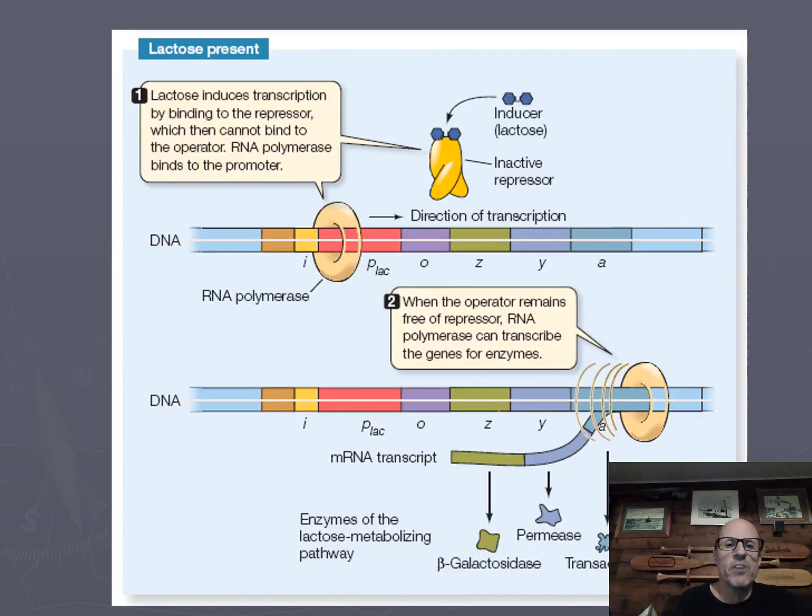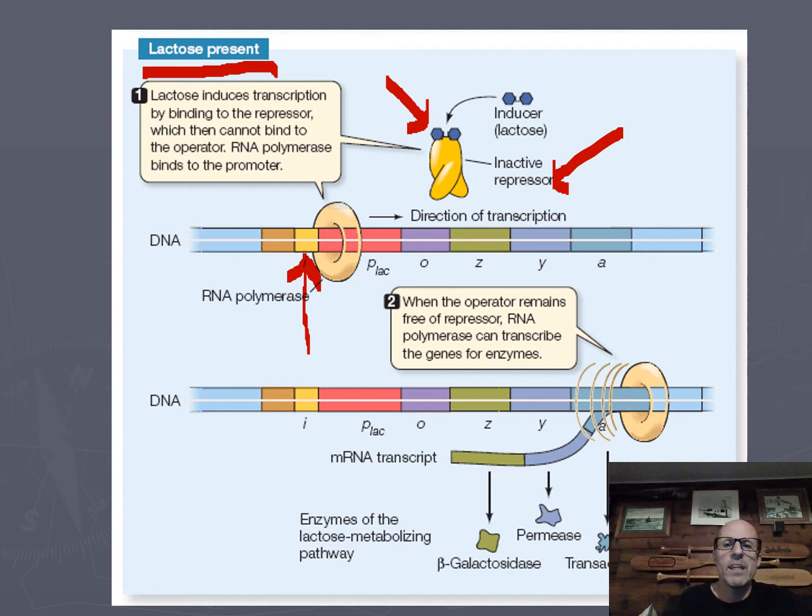This is the opposite scenario. So in the case where the bacteria has enough sugar on board or lactose present, the opposite occurs. Number 1, lactose itself, which is that disaccharide, binds to the repressor protein that is normally produced by lacI, which is the part of the DNA that codes for the repressor.